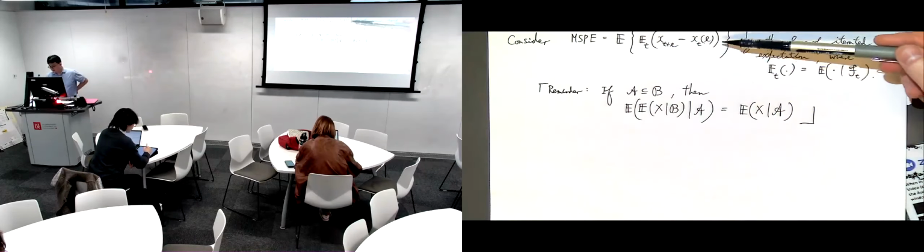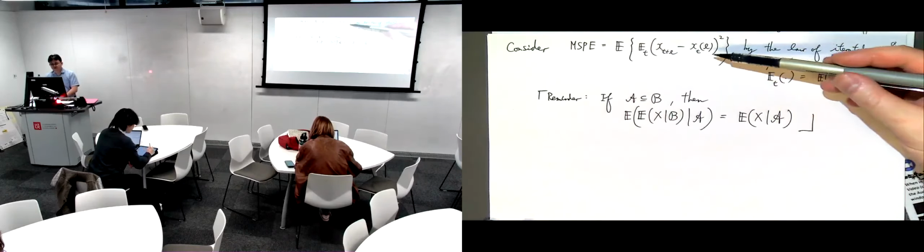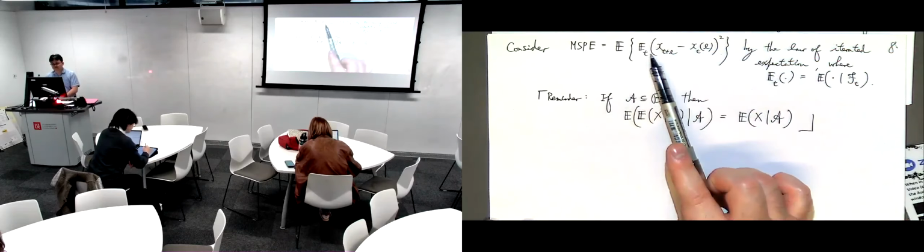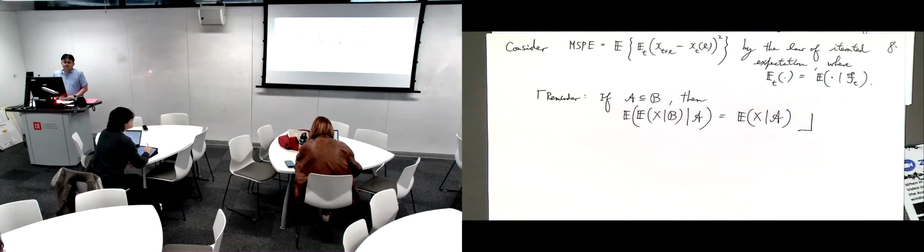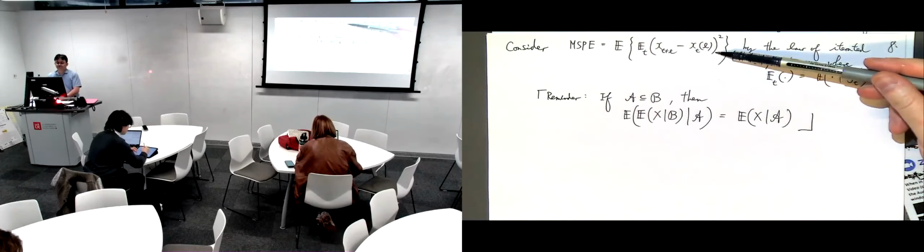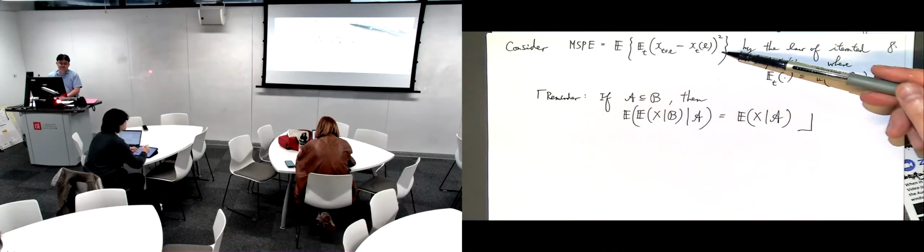So here, I'm using the law of iterated expectation, where your B is the information up to time t, the F_t. But what is A? Well, A is the empty set. Whenever we take marginal expectation without any condition, we're conditioning on nothing, and conditioning on nothing is conditioning on the empty set.